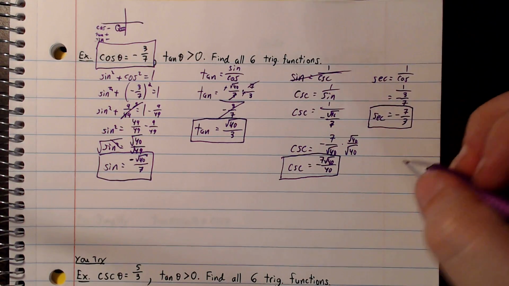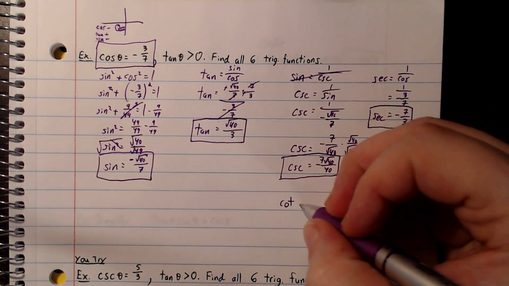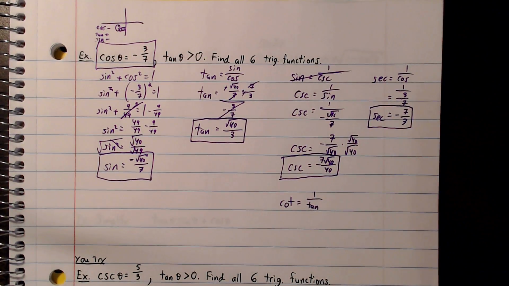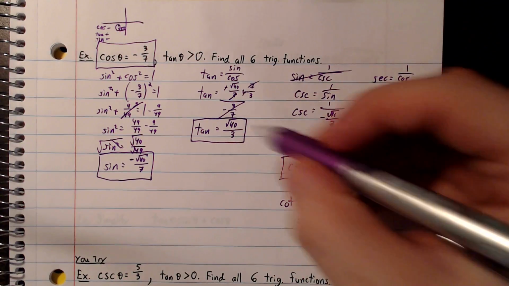And then you got cotangent. Cotangent is equal to 1 over tan. So we found tan already.